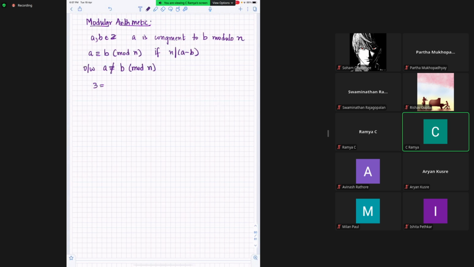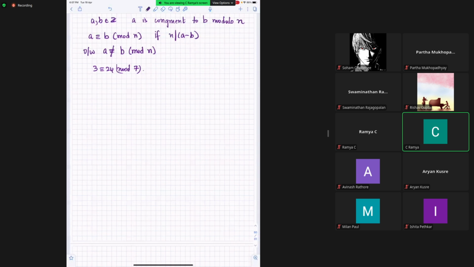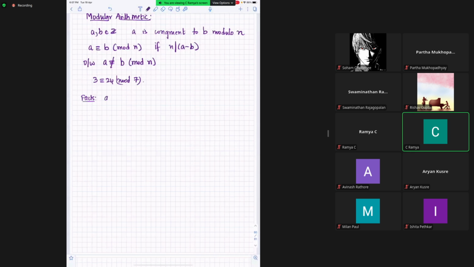An example, let's say 3 is congruent. For those of you who have seen groups, this might seem familiar. A is congruent to A, and so on.